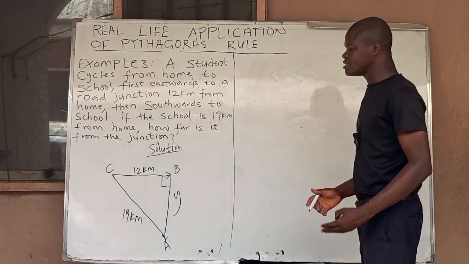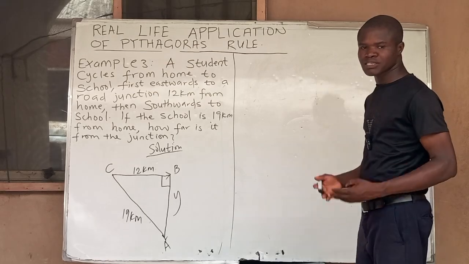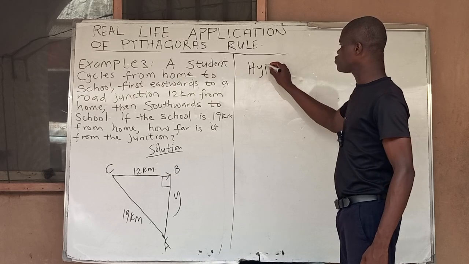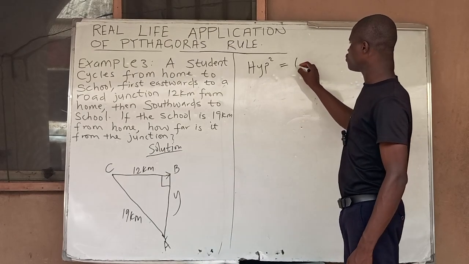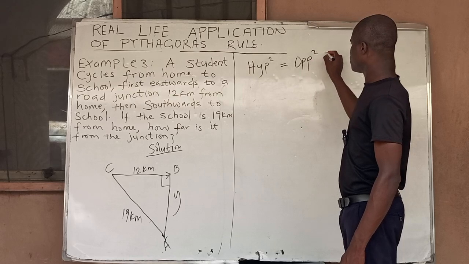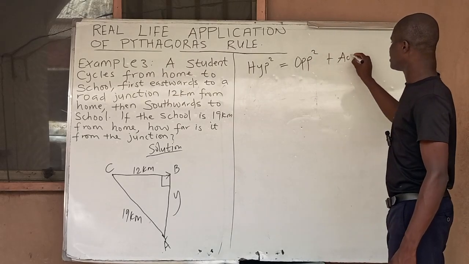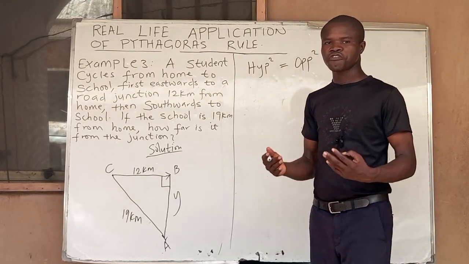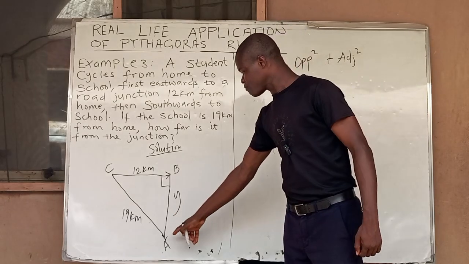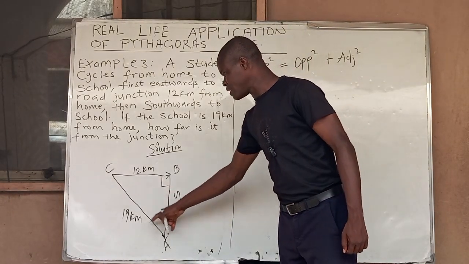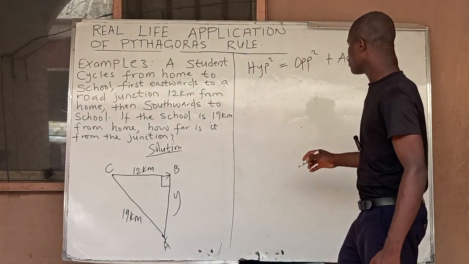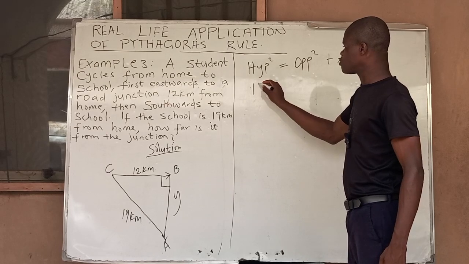All right. So the next thing to do is to write down your Pythagoras rule. Hypotenuse square is equal to opposite square plus adjacent square. All right, the next thing to do is to fit in your values. Remember, your hypotenuse is the line AC because that is the line facing your angle 90 degrees. So hypotenuse is 19.